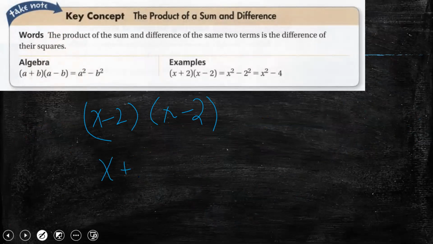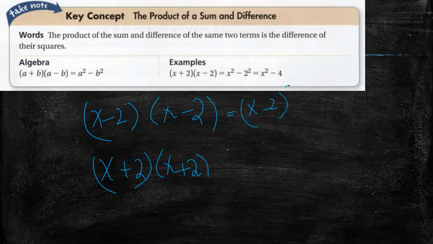Or if you multiply the sum of two functions, x plus 2 times x plus 2, I can write it as x minus 2 squared. Then I will continue as a square of binomial, and I will say it's x squared minus 2x plus 4.